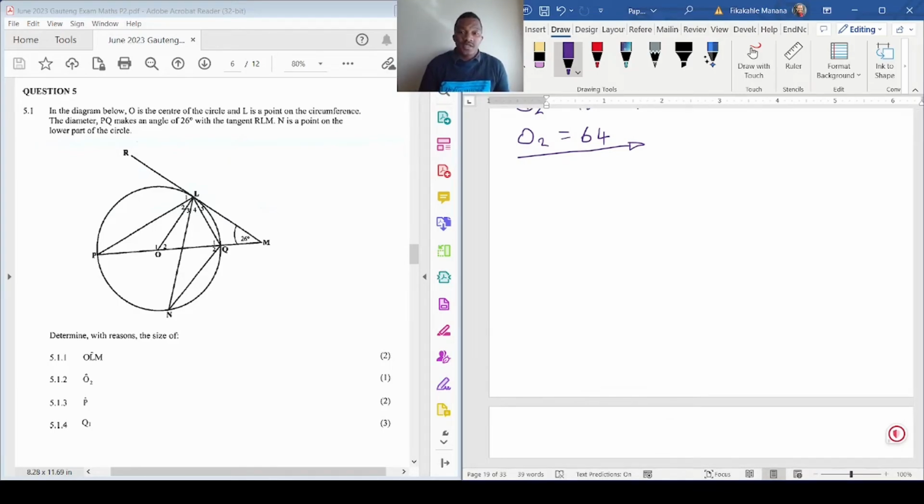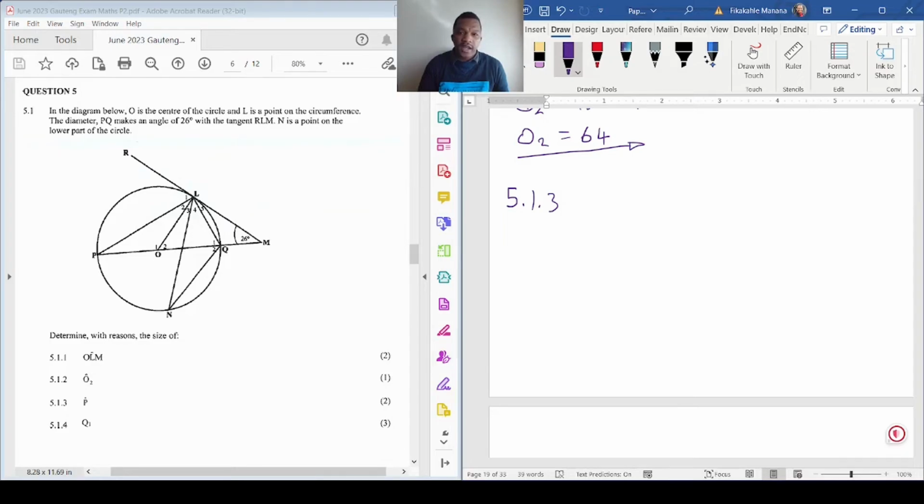How does O2 help me in solving the next question, which is angle P? There's angle P there. Now, if you look at O2 and then you look at P, you can see that they're subtended from the same chord, which is LQ. Which means the relationship between O2 and P is that of, you remember it? This one.